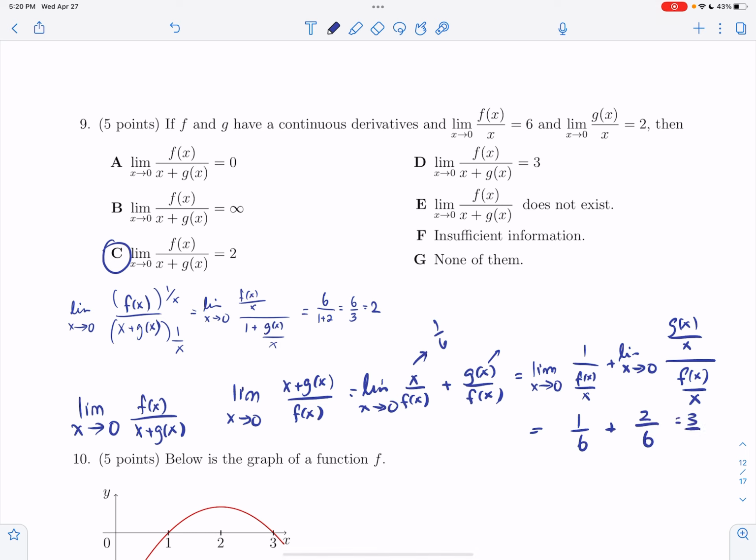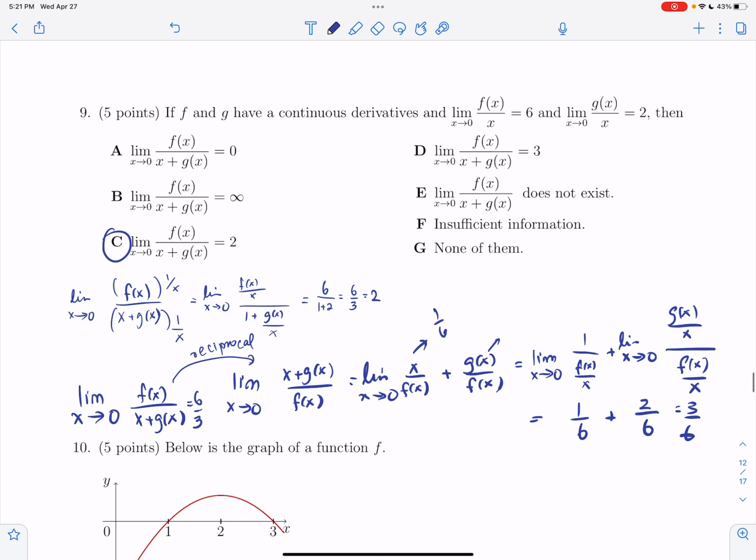So that's 3 over 6. But that's 1 over the limit, right? Because that's 1 over that limit. So this one is 6 over 3, or in other words, 2. Okay? And either one you use is fine.